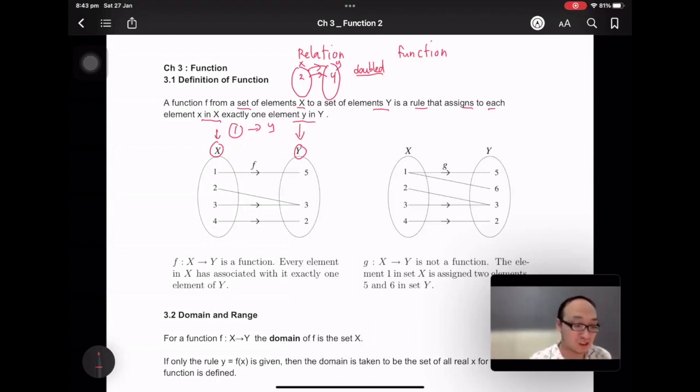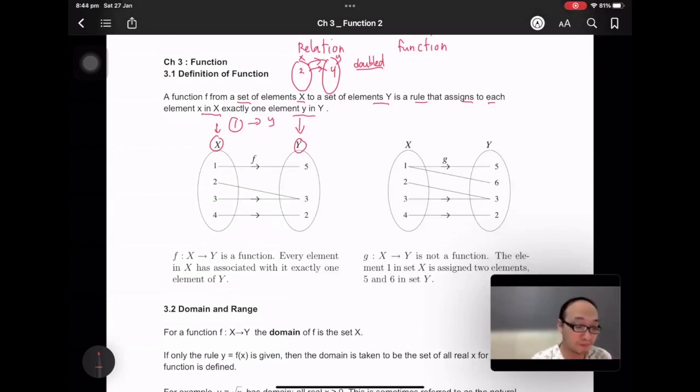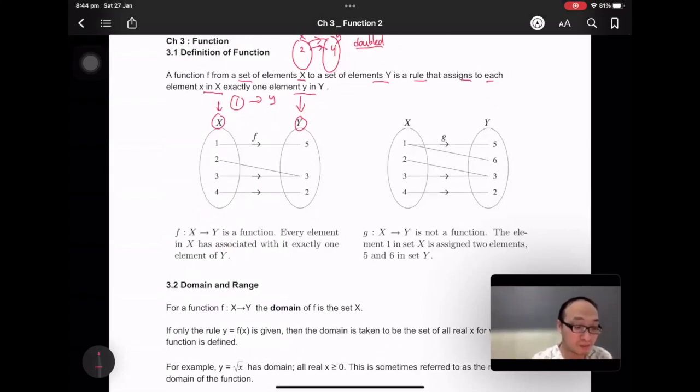So if we see from the diagram, this diagram is a function because each member of x has one pair of y. See, 1 is connecting to 5, 2 is connecting to 3, 3 is connecting to 3, 4 is connecting to 2.